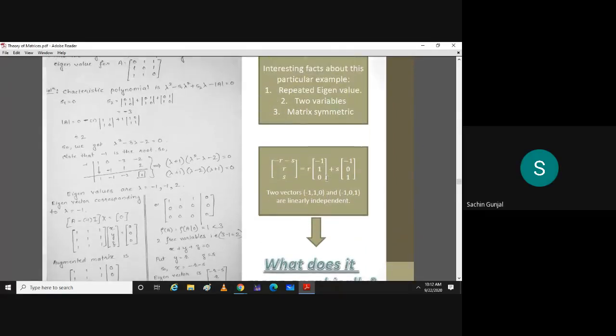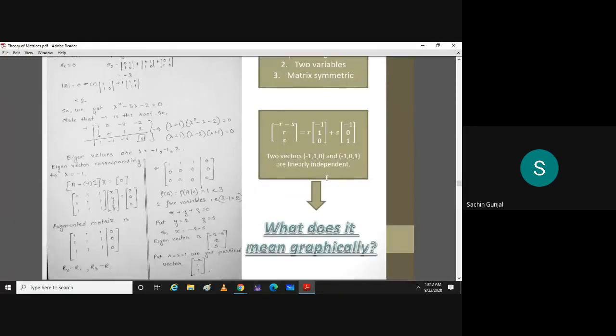We need to find the eigenvector corresponding to 2.